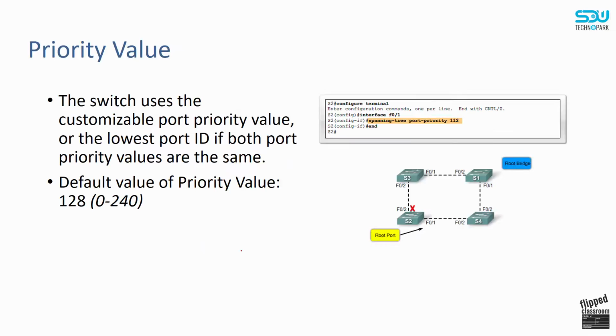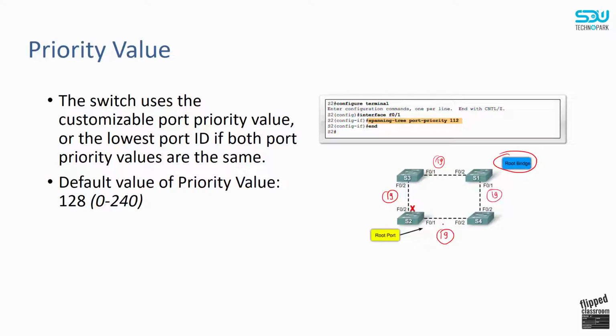In this example of communication between switch 2 and switch 1, where switch 1 is the root bridge, switch 2 is connected by two links which give the absolutely same cost. 19 here and here, because we have Fast Ethernet and Fast Ethernet, and 19 also here and here.